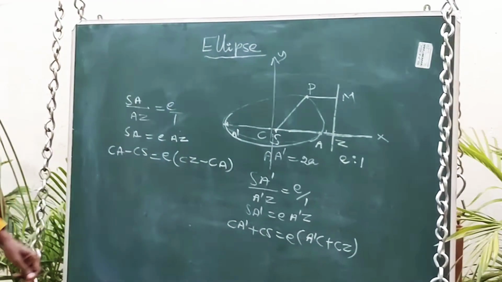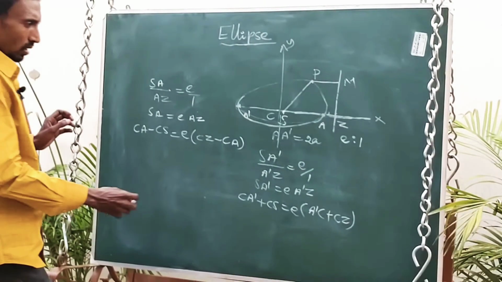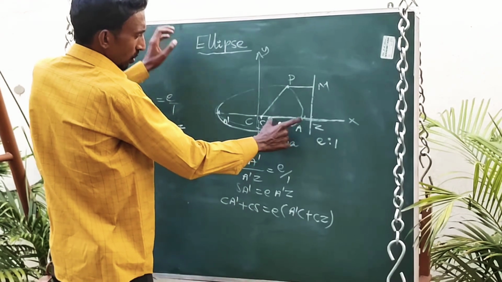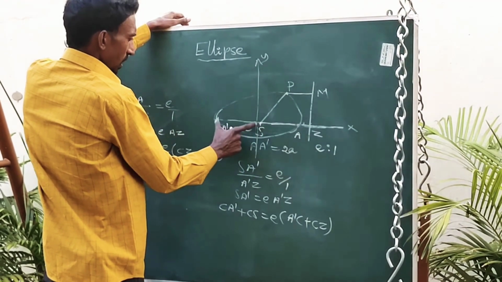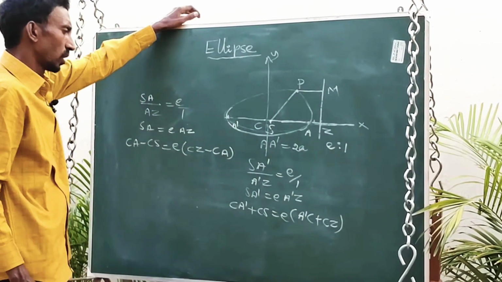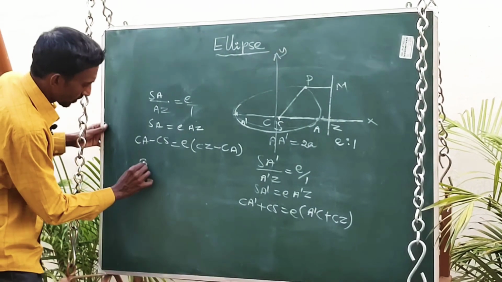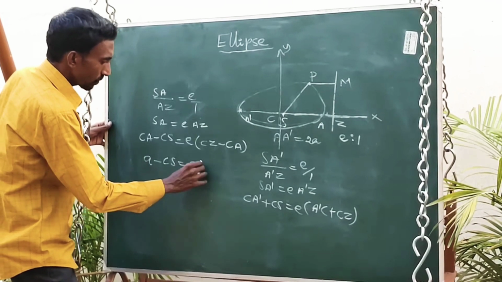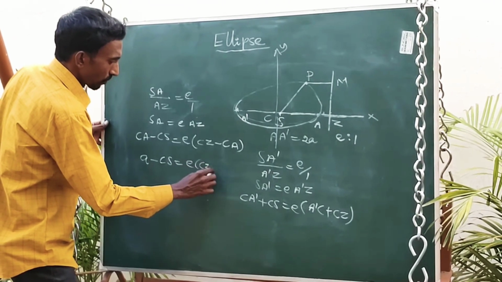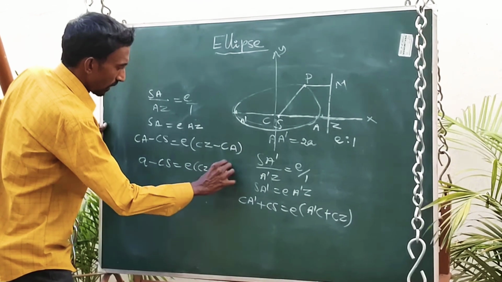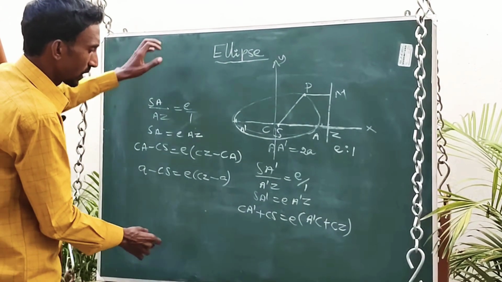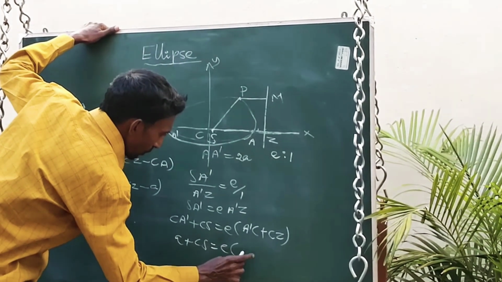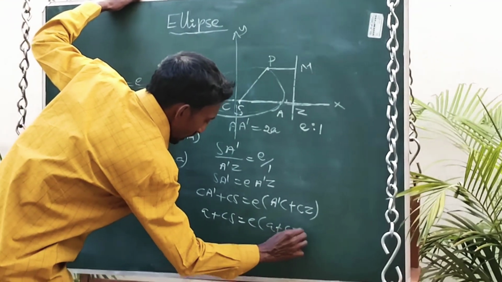We already assumed the distance between A and A dash is 2A, so CA is A, and similarly CA dash is also A. So A minus CS equals e into CZ minus A. Similarly, here, A plus CS equals e into A plus CZ.